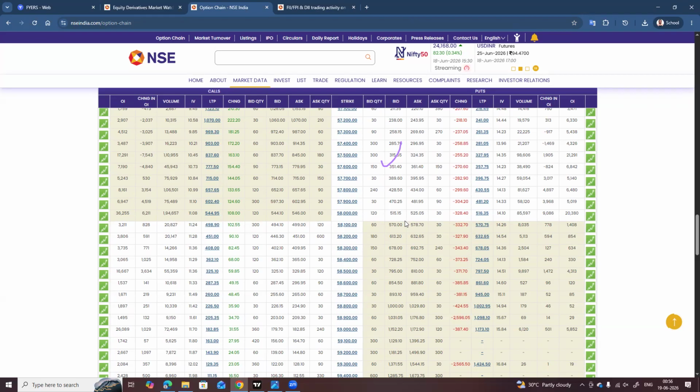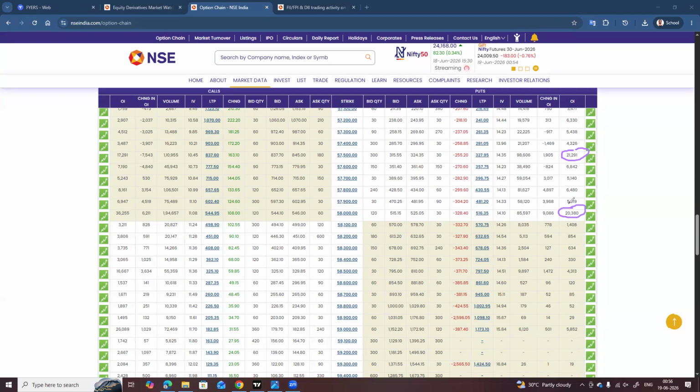Here, a strong put support is visible at 57,500, and 58,000 also, which is showing like 20,380.